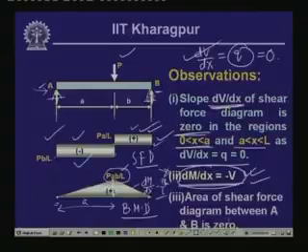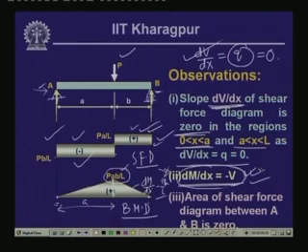So the integral of dM is equal to V times dx.